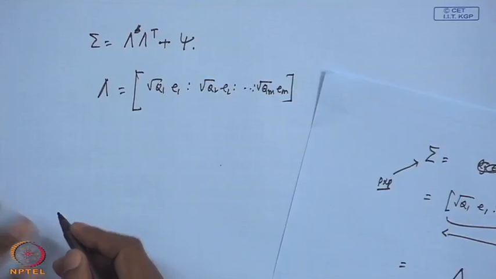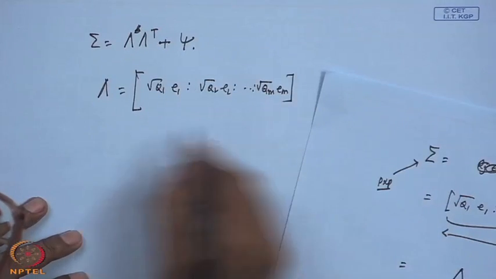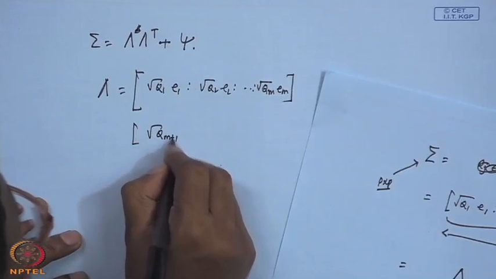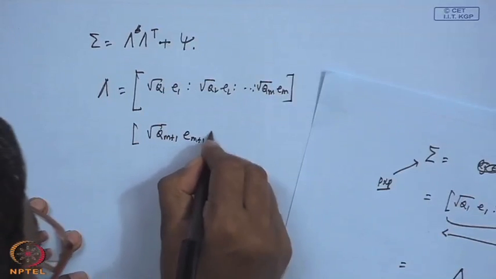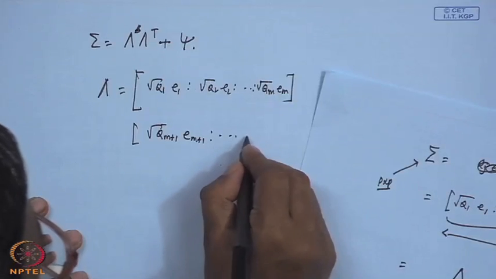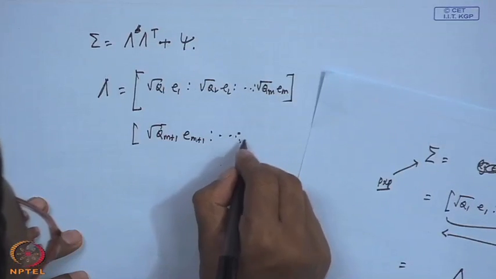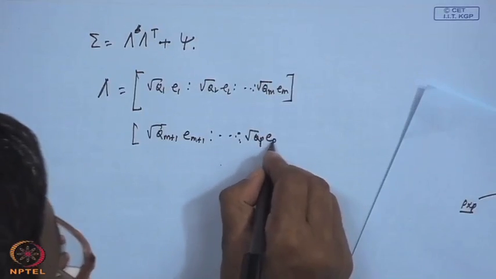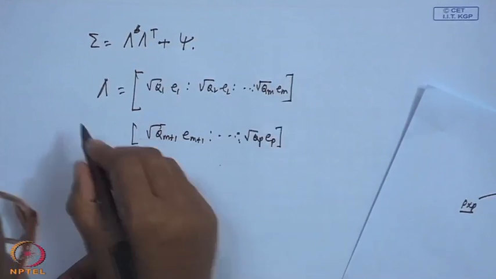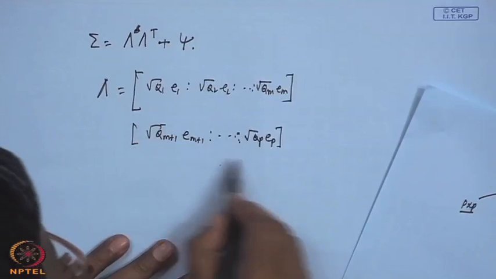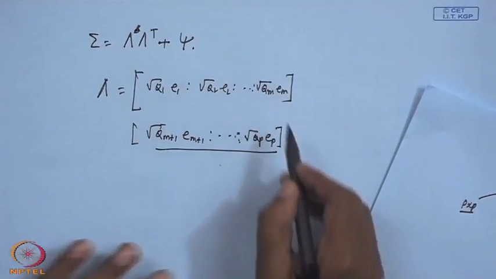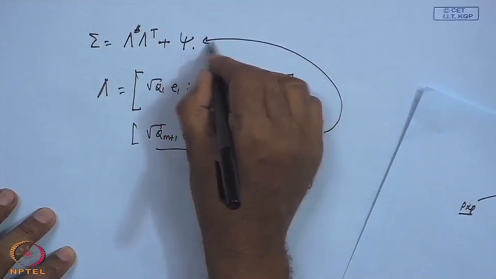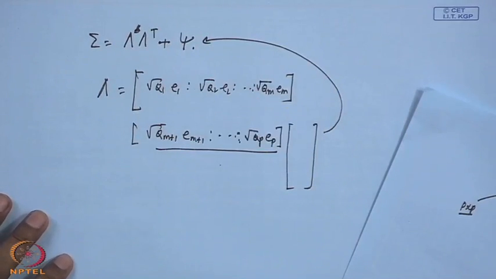The remaining portion, root over q m plus 1 e m plus 1 up to qp and ep, this portion multiplied by its transpose we will relate to this psi.